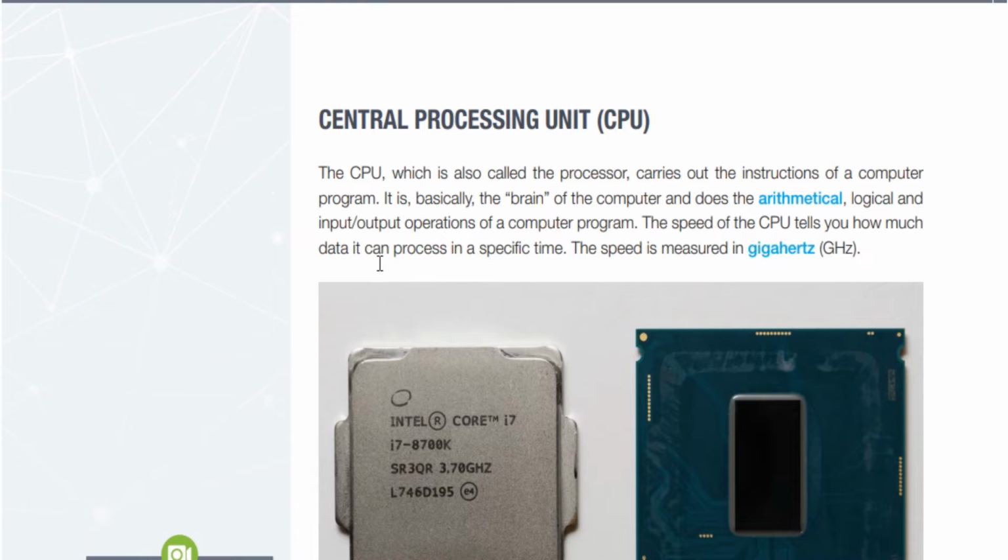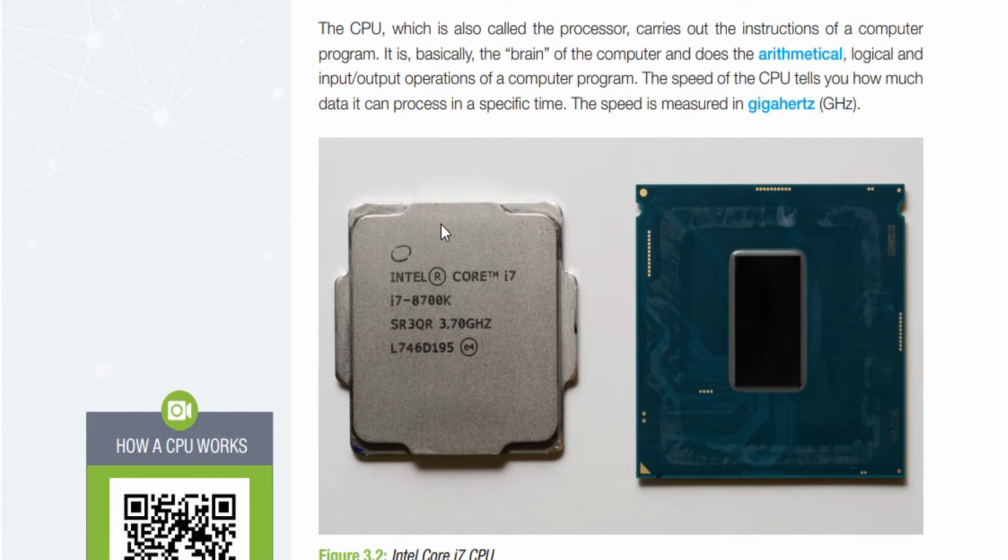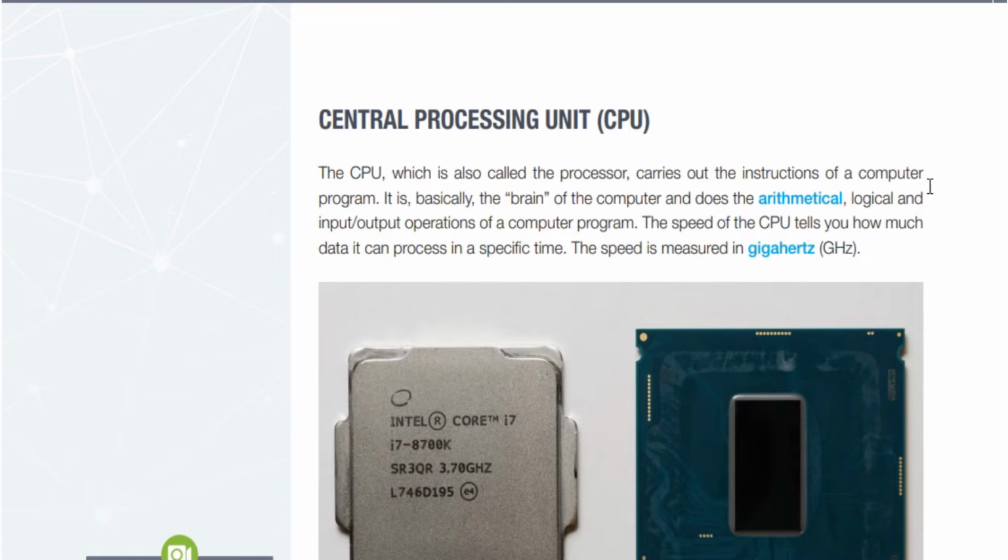Now, then we have the CPU, Central Processing Unit, which is also called a processor, and carries out the instructions from the computer program. It is basically the brain of the computer, right?